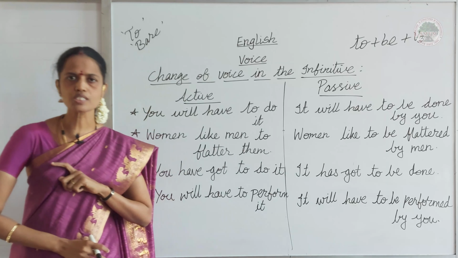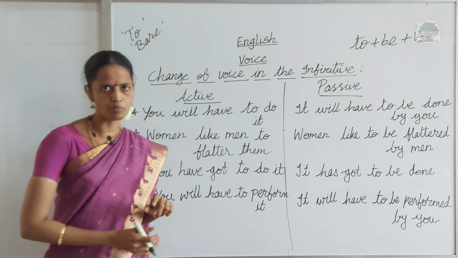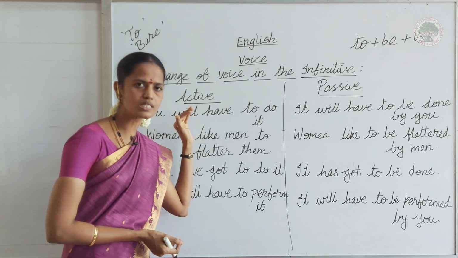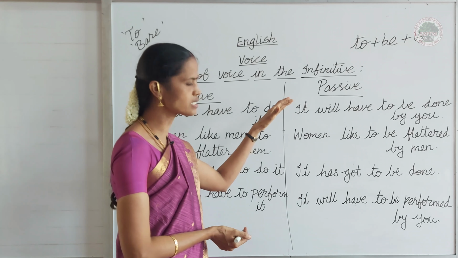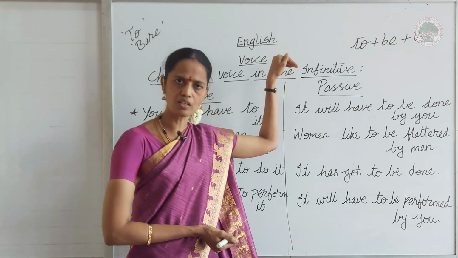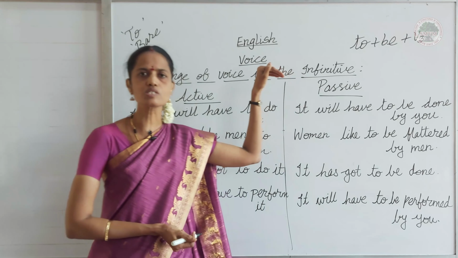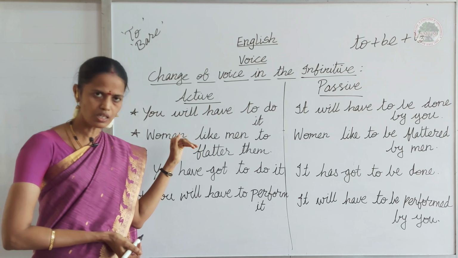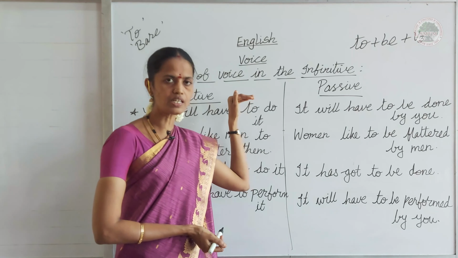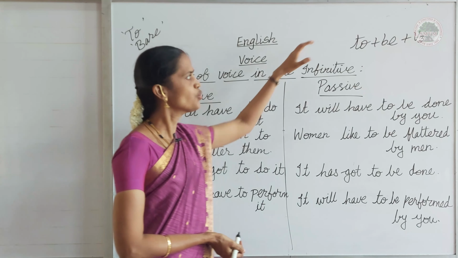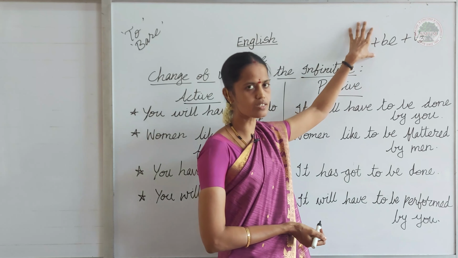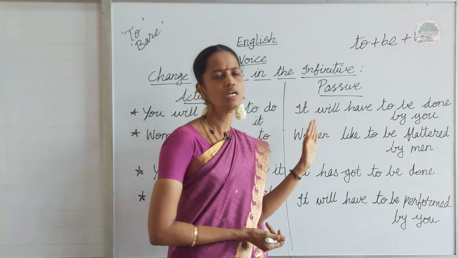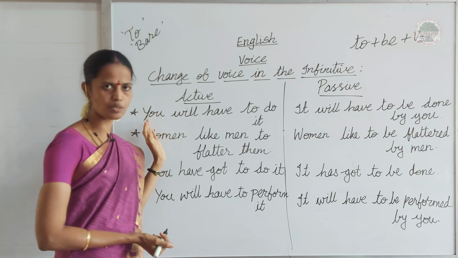This is the procedure while we are changing active voice into passive voice, if the infinitive is used in active voice. We have to follow this structure while we are changing that into passive voice. Now I am going to explain the examples.